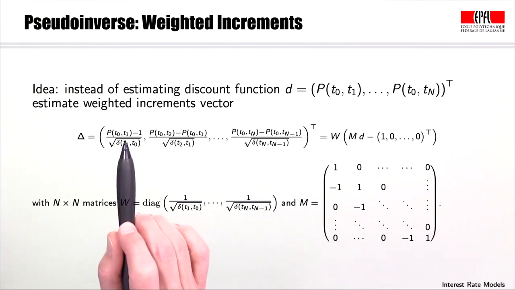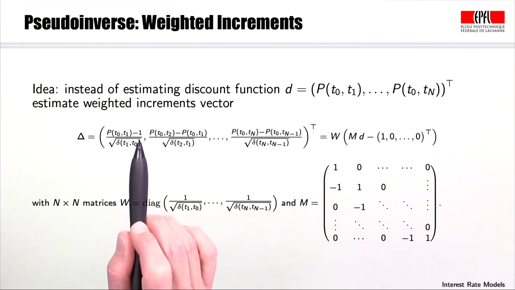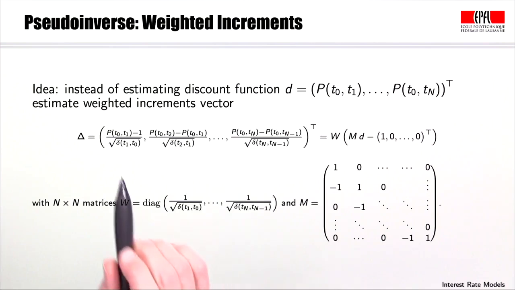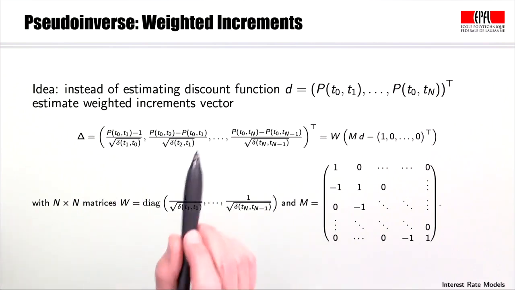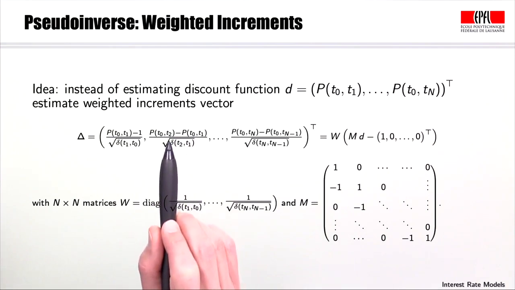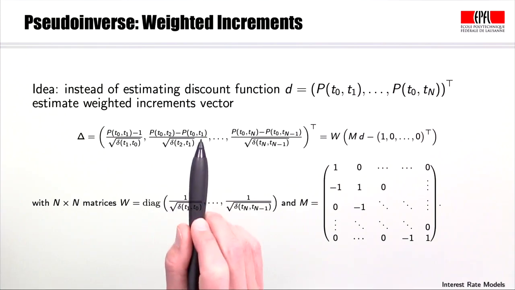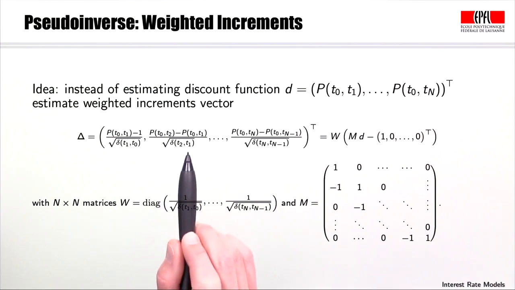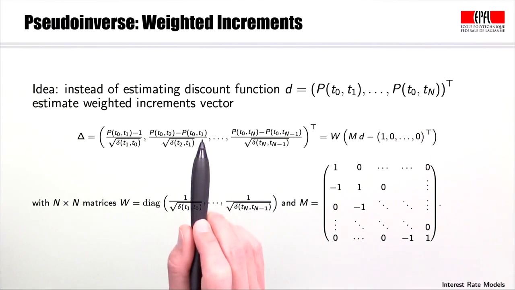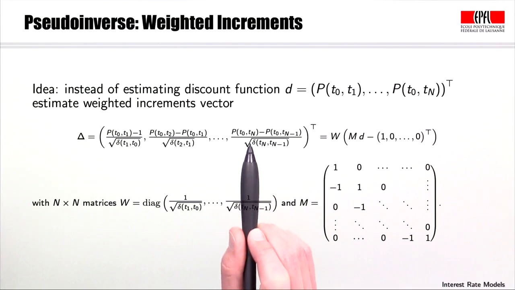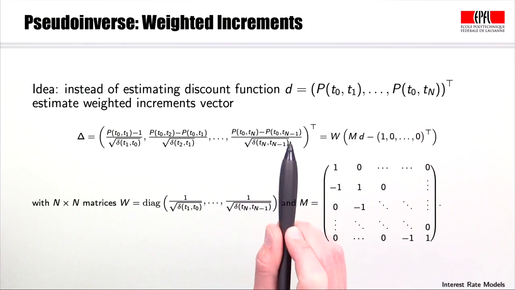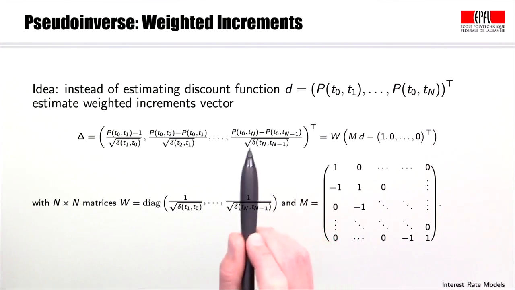The first entry is the T1 bond price minus 1, which is the T0 bond price, divided by the square root of the time to maturity. The second entry is the difference between the T2 bond and the T1 bond divided by the square root of the difference of their maturities, and so on and so forth to the Tn bond price minus the Tn minus 1 bond price, again weighted.